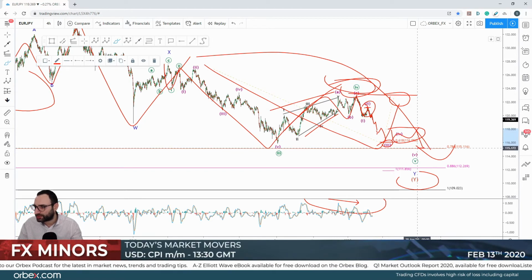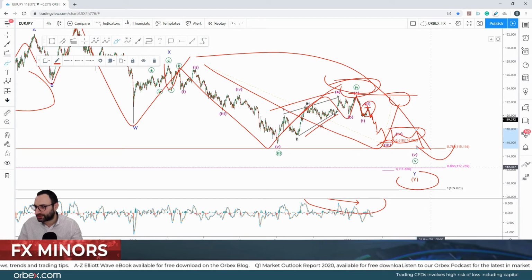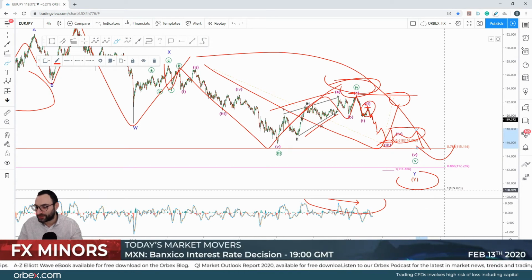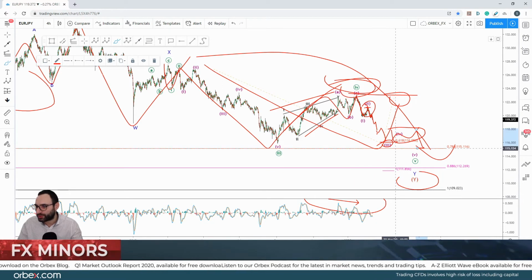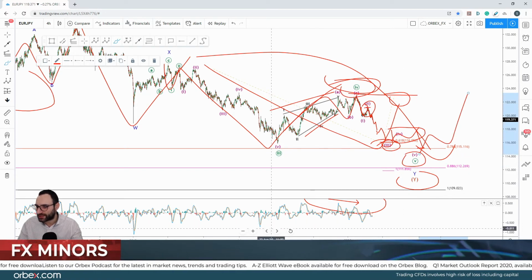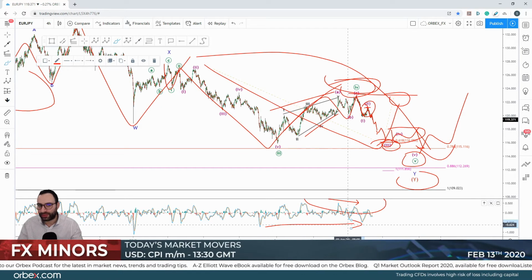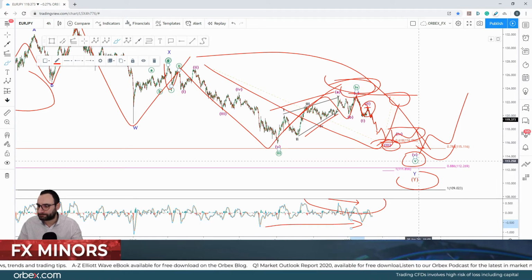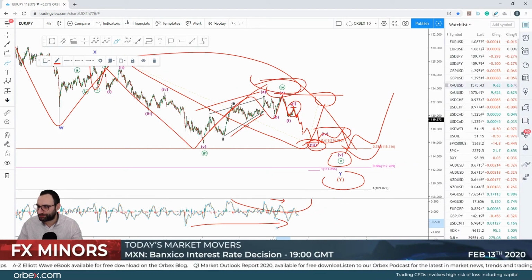Wave 5 could go anywhere between 116 and down to anywhere between 109, to be honest, as well. Okay, but I believe that the moment we get a false break below this fresh low 3, then we should get some nice signals here on the MACD that are going to send prices higher.